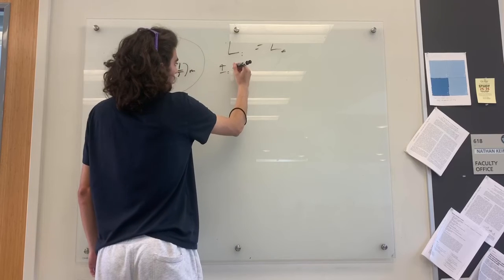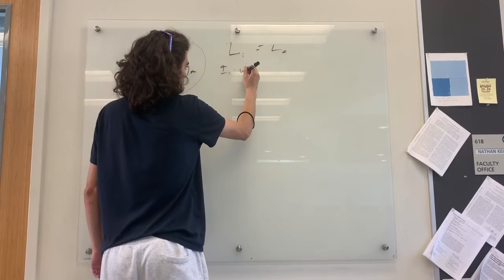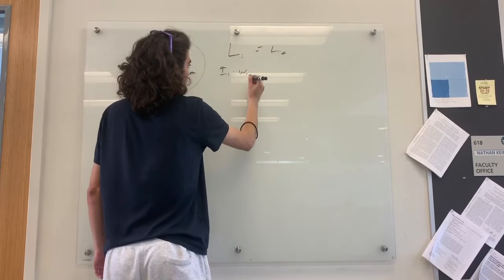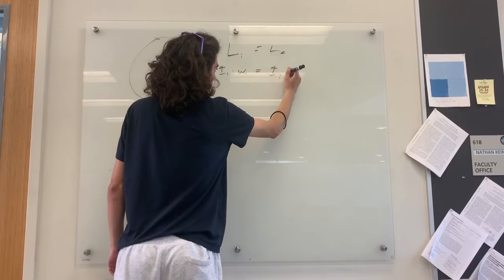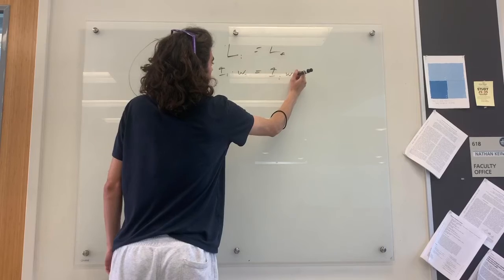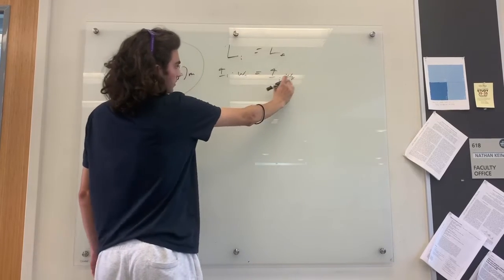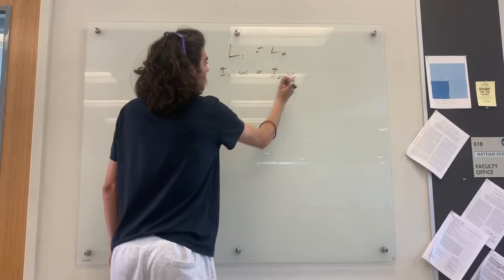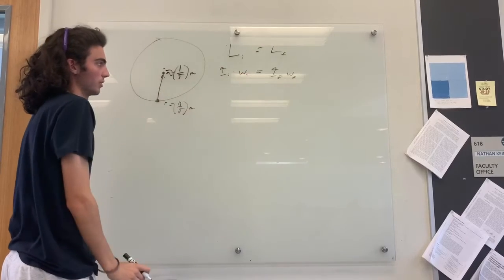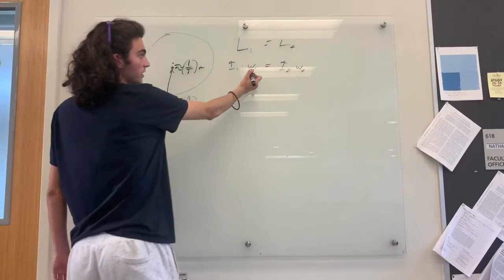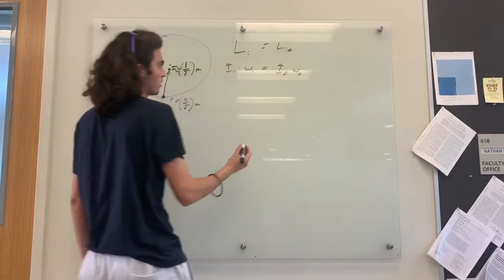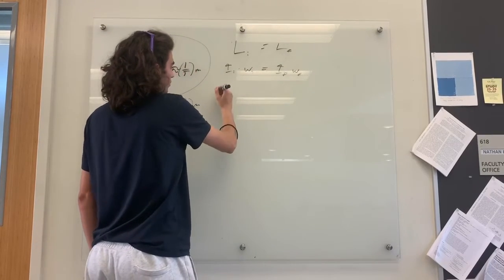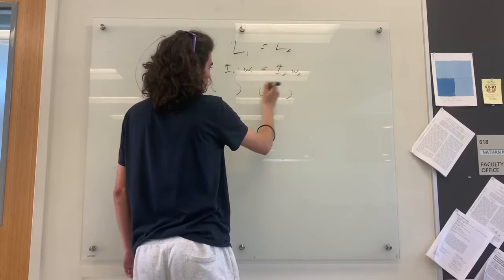And we can find this using the formula for that. The initial moment of inertia times the initial angular velocity has to equal the final angular velocity times the final moment of inertia. And so, while these will be values we measure from the video, these will be two derived values.